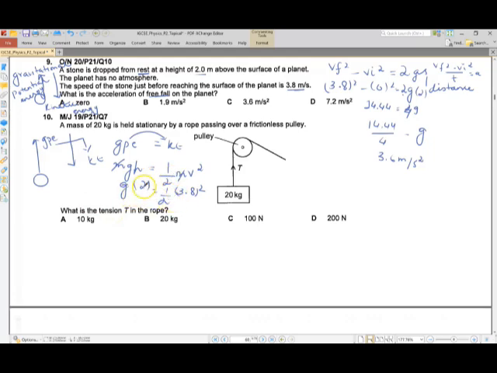We will solve this, and the solution is going to give us 3.61 meter per second square. So you can use either of these two methods. This is method 1 and this is method 2 to solve this question. This is how you are going to calculate the acceleration of free fall.